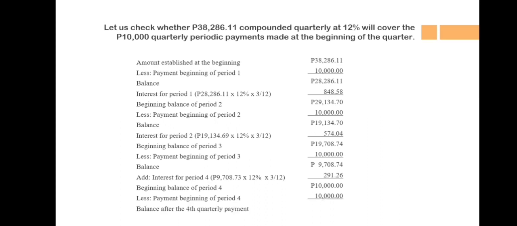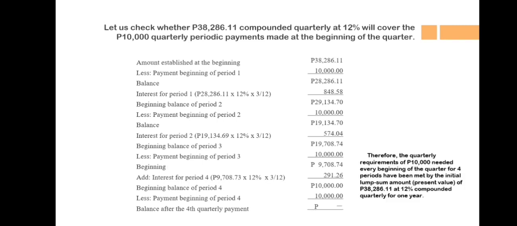So, ang balance natin after 4th quarter is 0. Therefore, the quarterly requirements of 10,000 pesos needed every beginning of the quarter for 4 periods have been met by the initial lump sum amount which is the present value of 38,286 pesos and 11 cents at 12% compounded quarterly for 1 year.